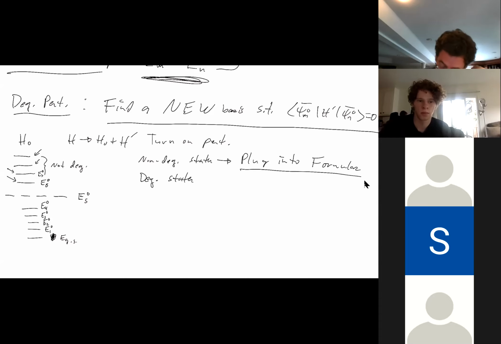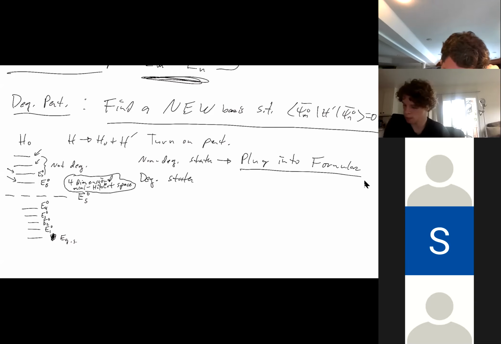That's right. So this is a little 4-dimensional mini Hilbert space. That's a 4-dimensional mini Hilbert space.